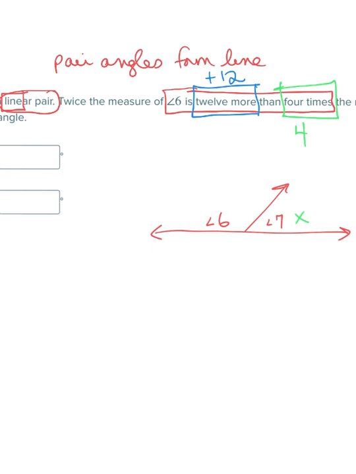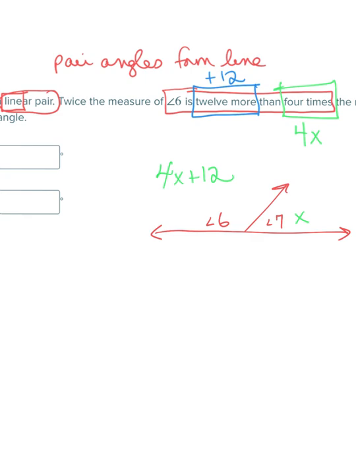So if angle 6 is 12 more than 4 times angle 7, and I labeled angle 7 to be x, my algebraic expression for angle 6 I can write as 4x plus 12.